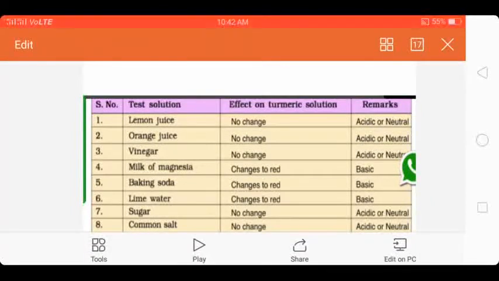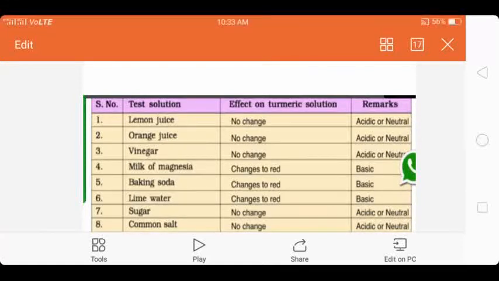When turmeric solution is added into acidic or neutral substances, there won't be any change. It will be yellow in color, but when turmeric solution is added into basic substances, it will become red in color. That's how we identify whether a substance is acid or base using turmeric solution.